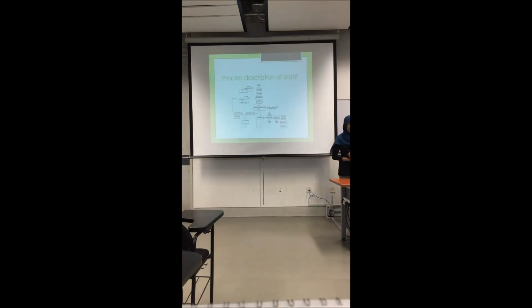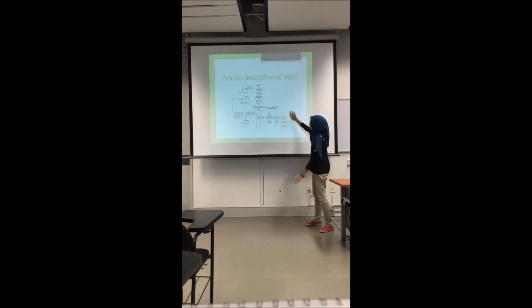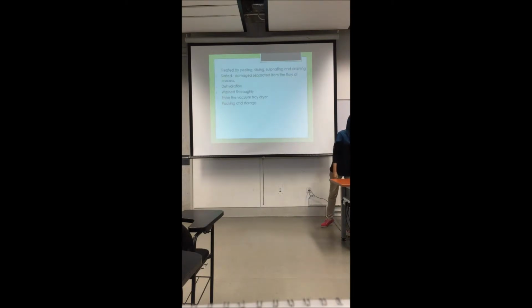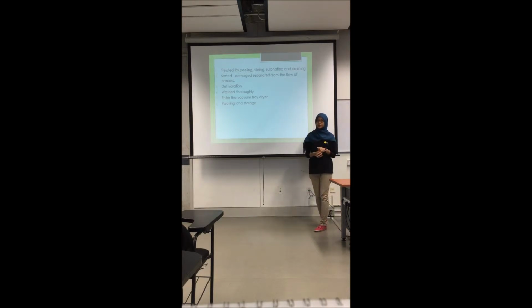For my next part, I will be explaining the process description of the plant. So this is the process flow diagram of the plant. So first, the fruits or the vegetables.